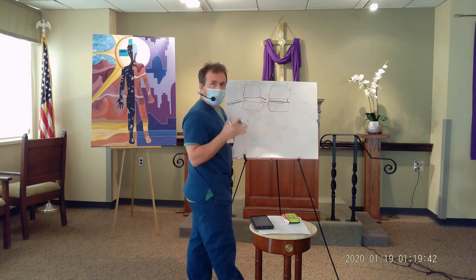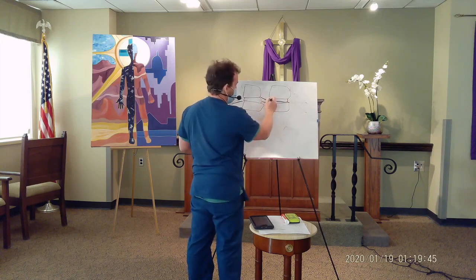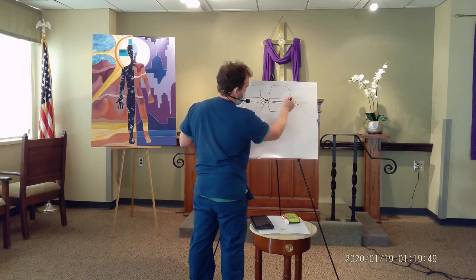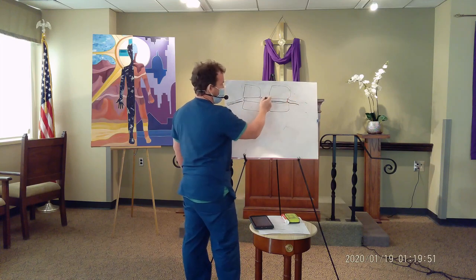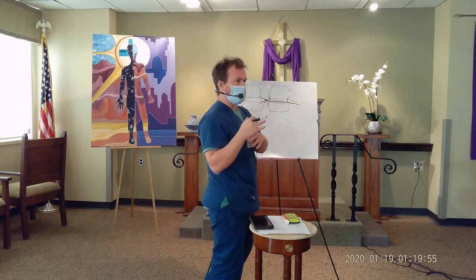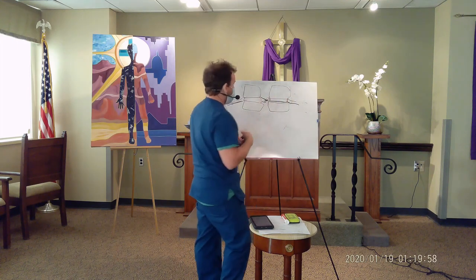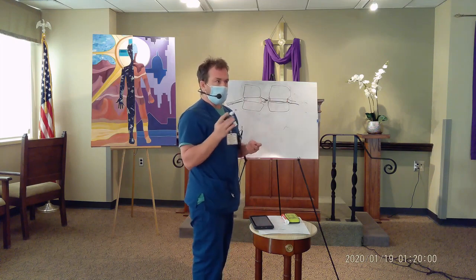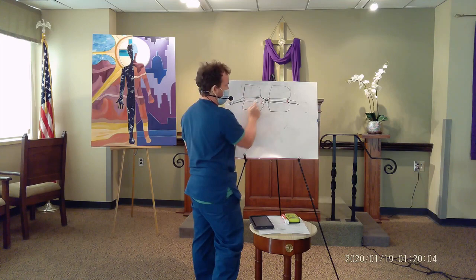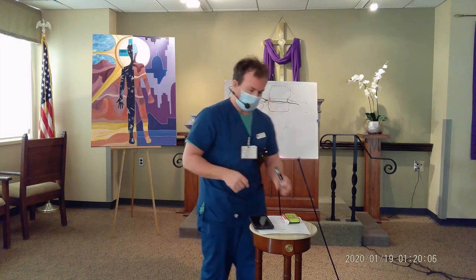But if there's not that space there, it can put pressure on these nerves coming out, so they don't have as much area as they used to. I'm talking about right here, which can put pressure on those nerves, leading to pain. So if you ever hear somebody that has degenerative disc disease, this is what we're talking about: the disc structure in between the vertebrae changes.